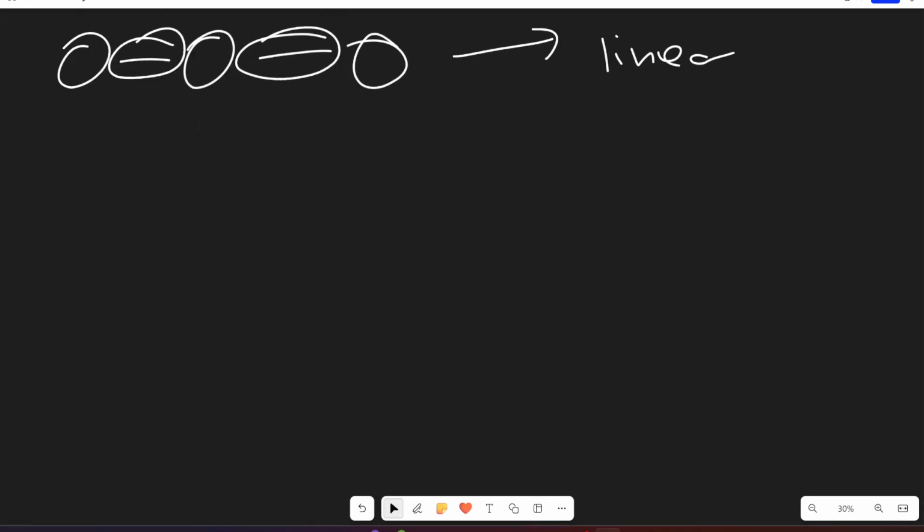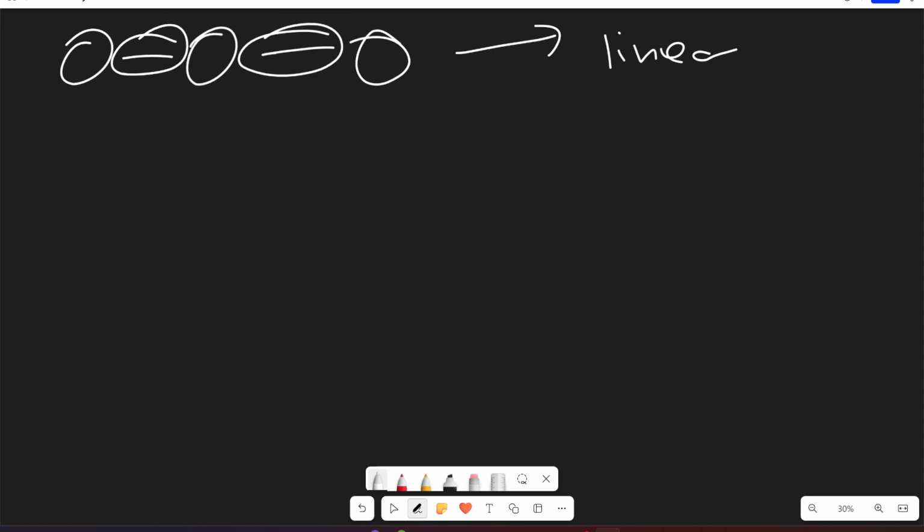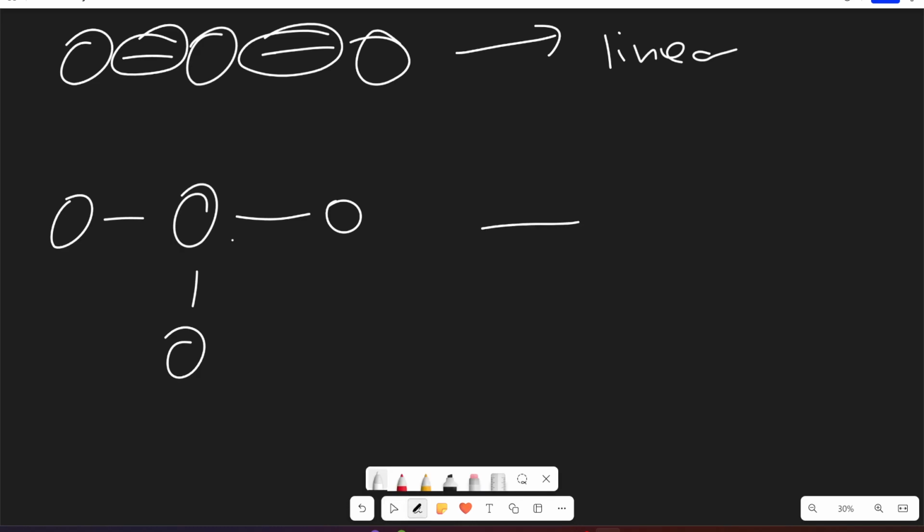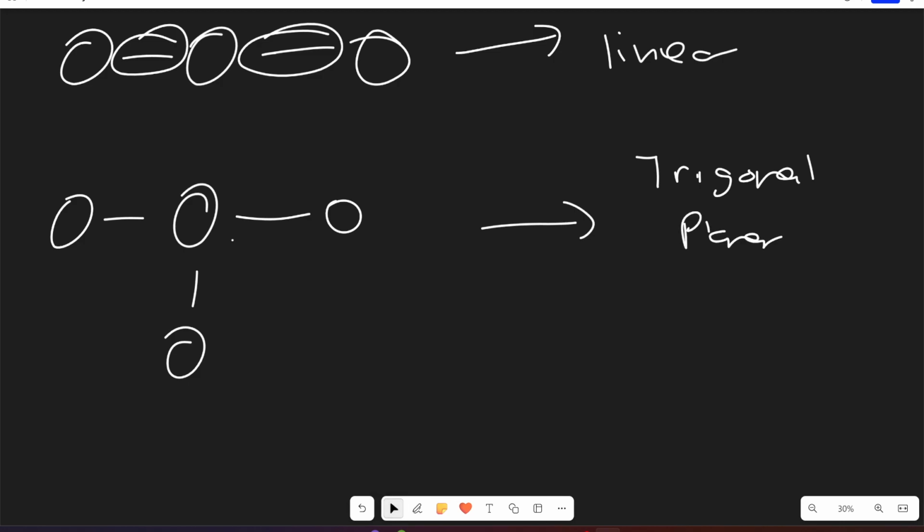And then if I keep going down the line, 3 electron domains, I have something like this. Just pretend these circles are the various atoms involved in this Lewis structure. So with 3 electron domains, this would be trigonal planar. And then moving on, let's say I had 4.